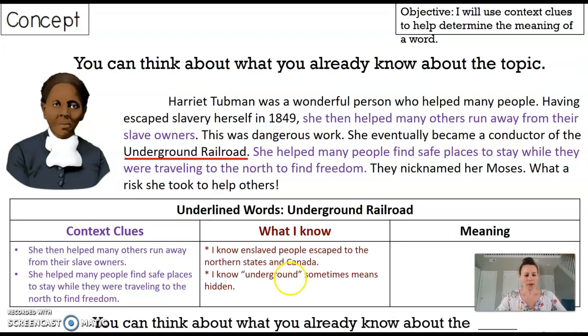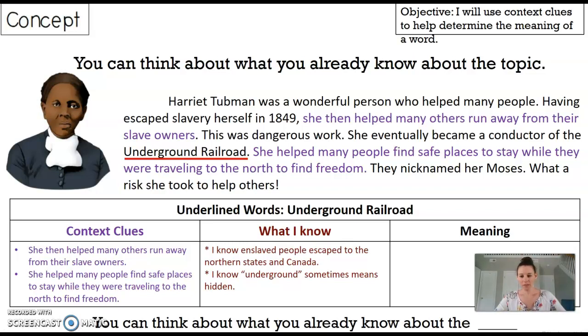What I already knew about Harriet Tubman and about the Underground Railroad and about everything happening at this time: I know that enslaved people escaped to the northern states and Canada. I had already heard about this. I've read about it. I already know some things about that. And I also know that the word underground sometimes means hidden.